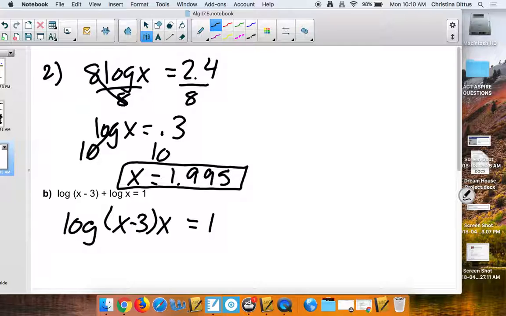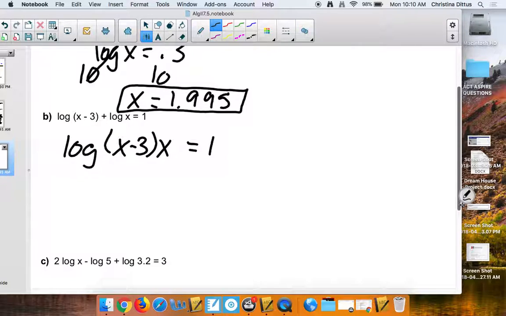Okay. Let's distribute. So we simplify our x minus 3x. So x times x is x squared. x times negative 3.